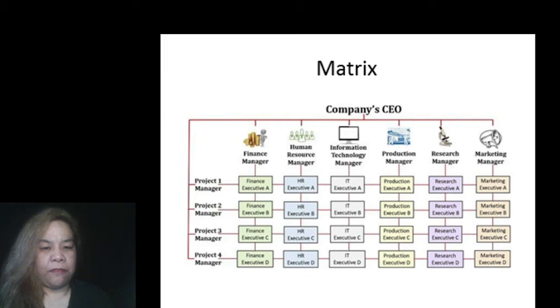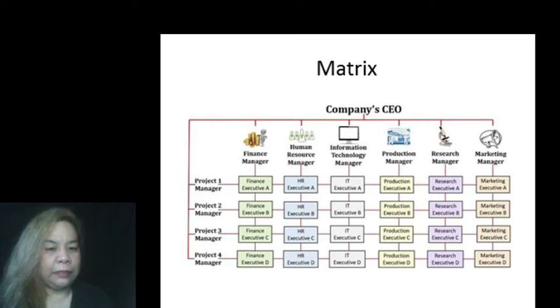Another type of organizational structure would be what we call matrix. So this combines functional and divisional structures. Notice in the illustration that you have there specialists from specific functional departments like finance, HR, IT, etc. And they are assigned to work on one or more interdisciplinary teams.